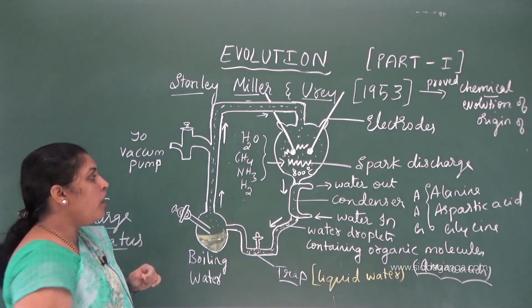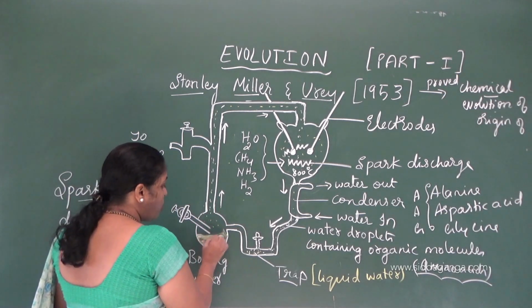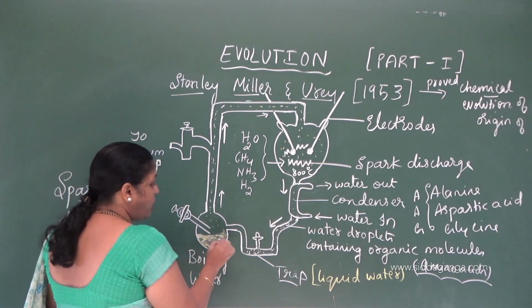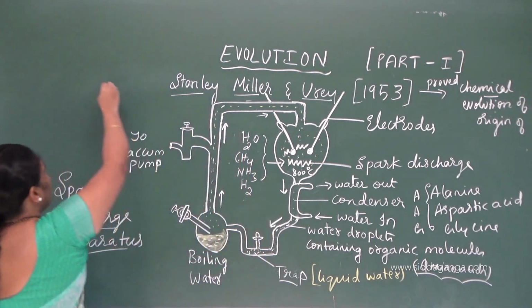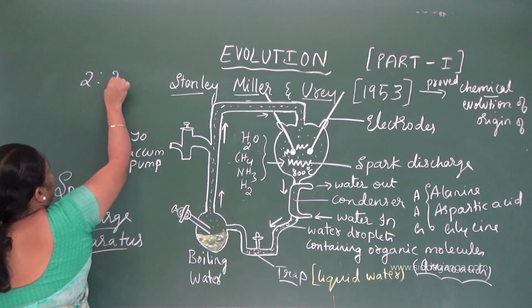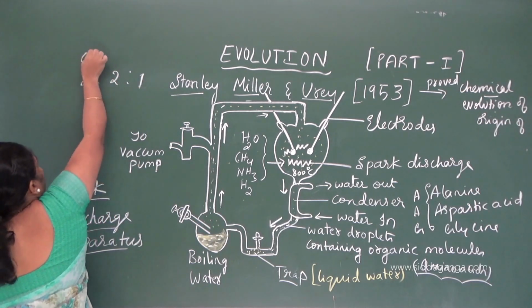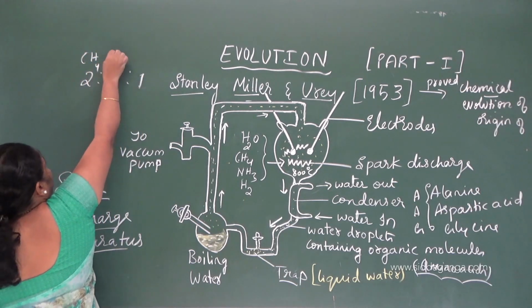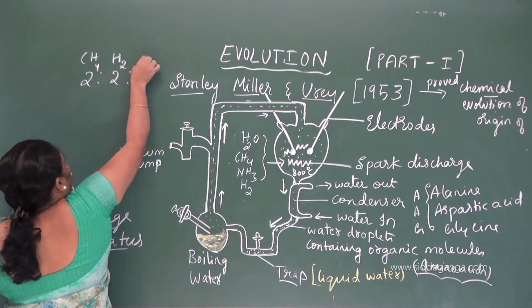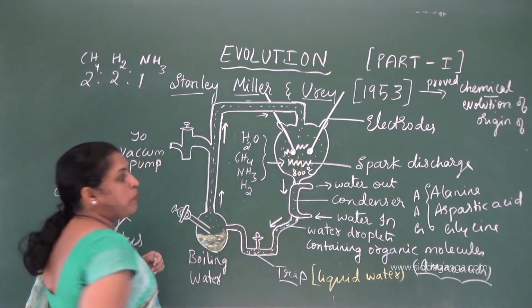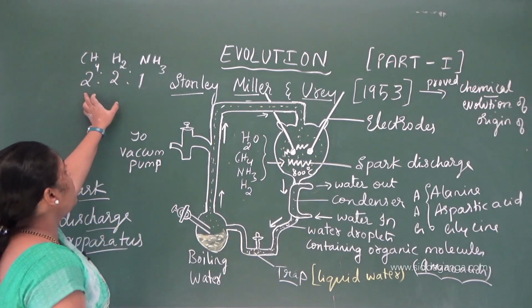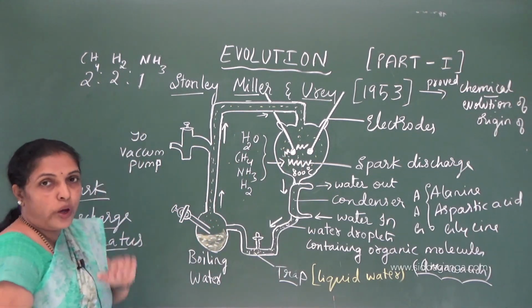When you draw the diagram, boiling water is very important. If you do not mention it, you will get 0 marks. And this ratio will be 2:2:1, that is methane, hydrogen, ammonia. The gases which we introduce into this spark discharge chamber will be in this ratio 2:2:1.